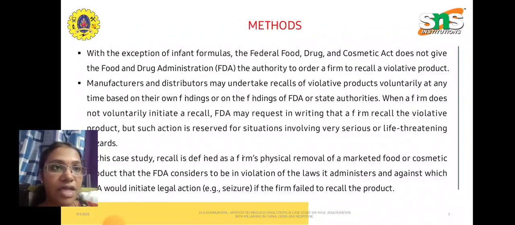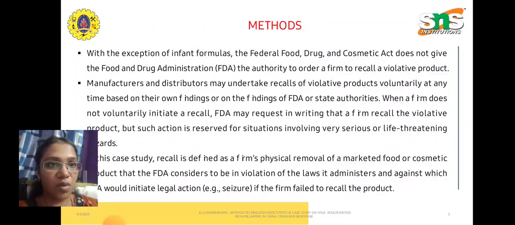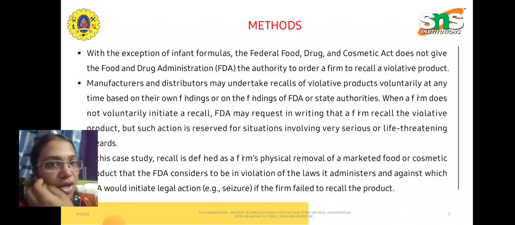Manufacturers and distributors may undertake recalls of violative products voluntarily at any time, based on their own findings or on the findings of either state authorities or the FDA. And this way only, the food recall complaints have been taken under control.